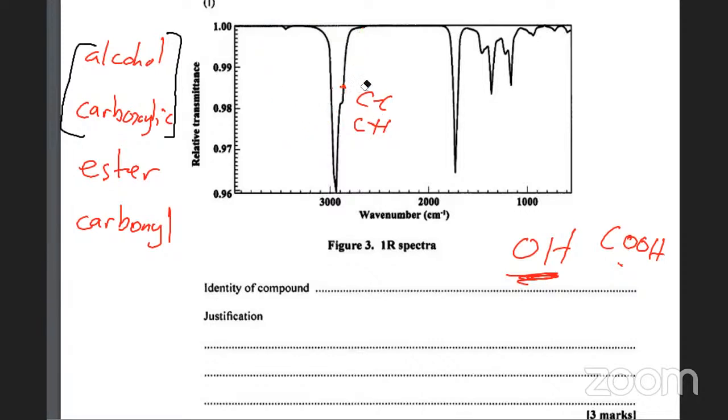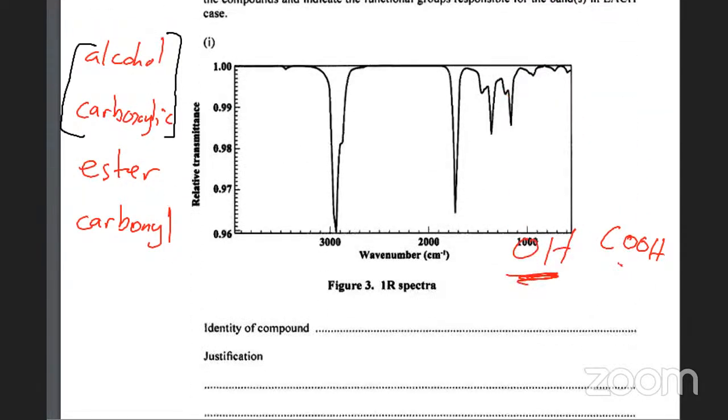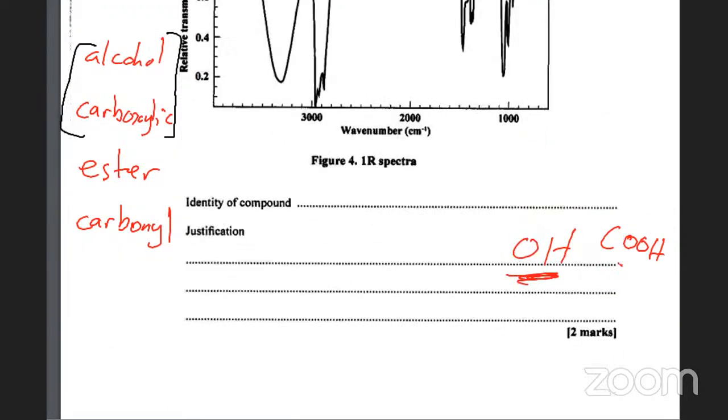Now, if you do not see it, it's not a carboxylic acid. So this one is not a carboxylic acid, and it's not an alcohol, because you don't get those peaks. This narrow peak is carbon to carbon and CH bonds. No OH is there. Scroll down a little.